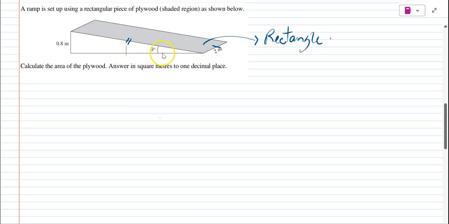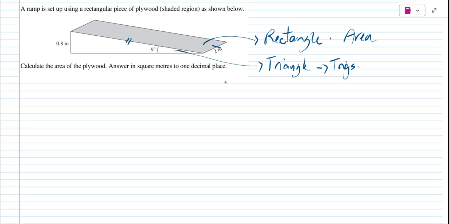And you guessed it, we have this angle here, and we have the side opposite to that angle. So we have to use trigonometry. We have a rectangle, where we're going to use the area, and then we have this triangle right here where we have to use a trig ratio. I'll tell you which ratio we have to use.